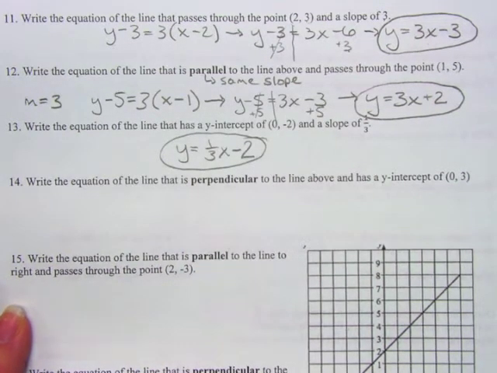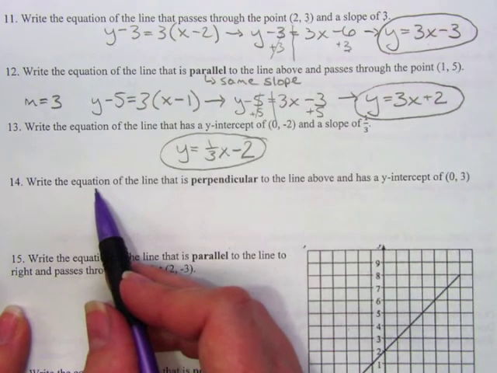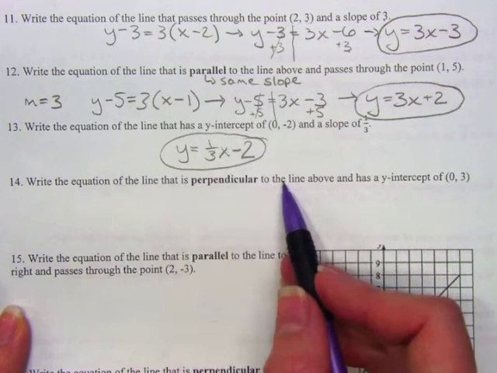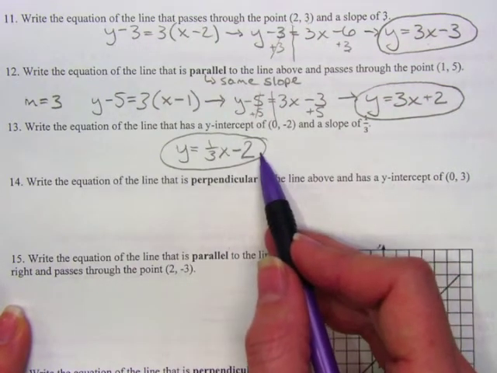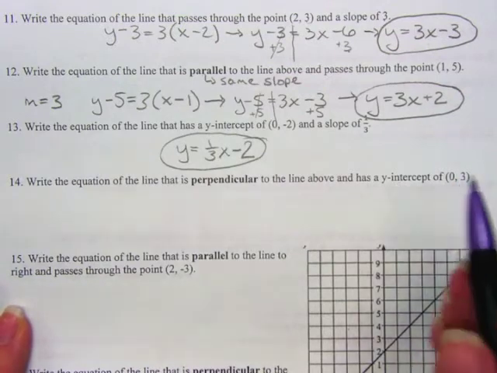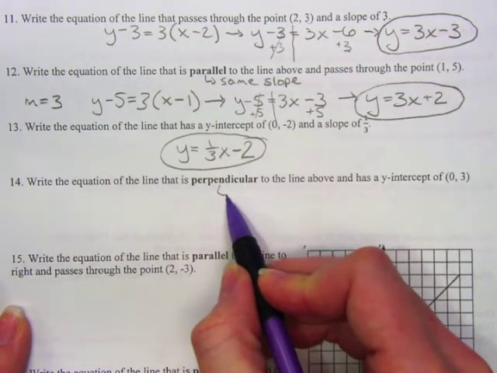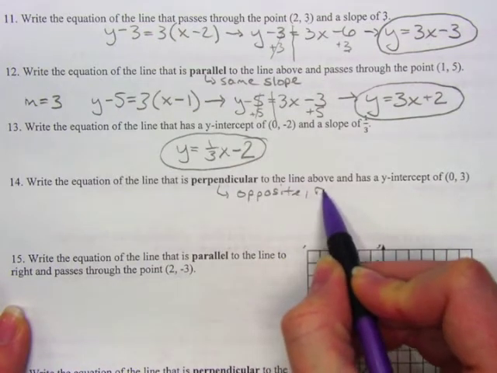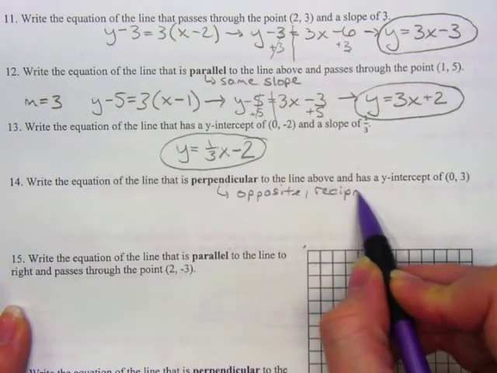Now we want to take that equation and find the line that's perpendicular to it. So it asks us to write the equation of the line that is perpendicular to the line above, that refers to this next one we just did, and has a y-intercept of (0, 3). Perpendicular, we know with perpendicular we need opposite reciprocal slopes.